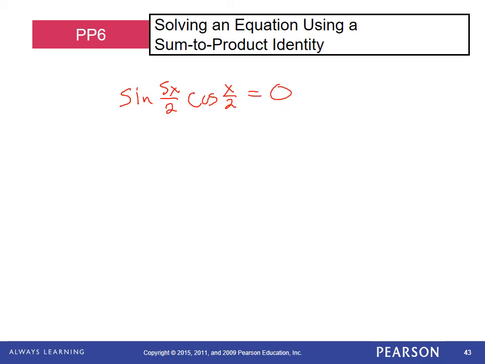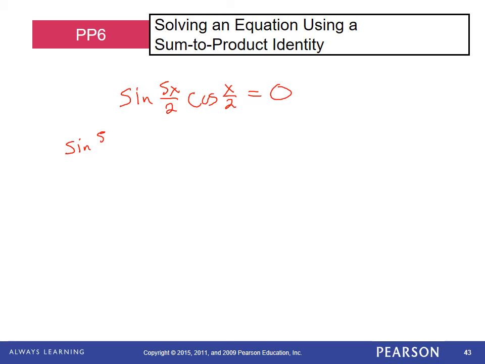Okay, then we go back to algebra, something called the zero product property, or zero factor property, depending how you want to say it. What happens if two things are multiplying and give you 0? At least one of them is equal to 0, right? So boom, got it.